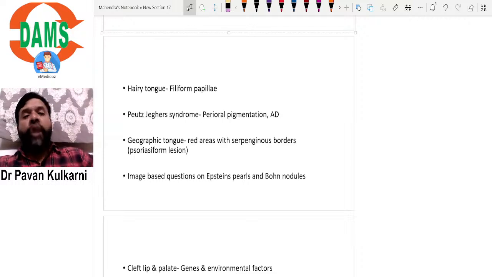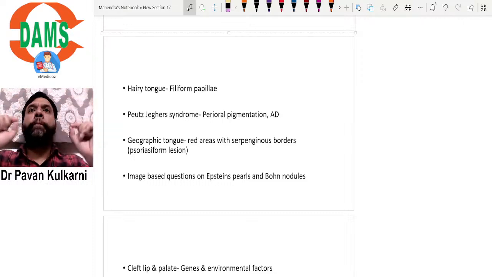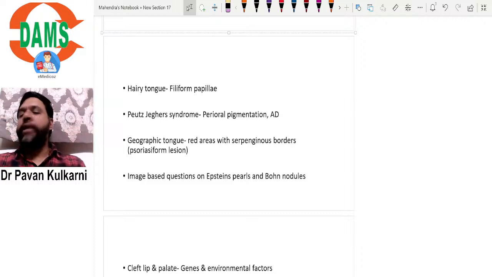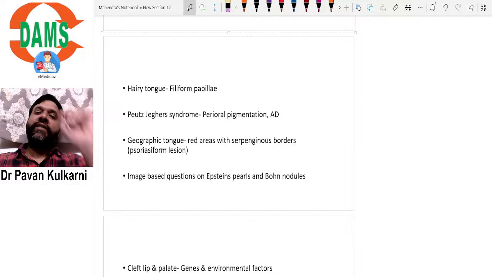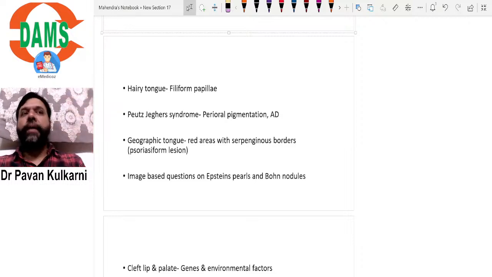Okay, next, geographic tongue. What are we supposed to know? Geographic tongue is nothing but the red areas that you see on the tongue, and those red areas will have serpiginous borders. That word, serpiginous, is very important. What do you mean by serpiginous? Serpentine, snake-like. Okay, wavy borders.